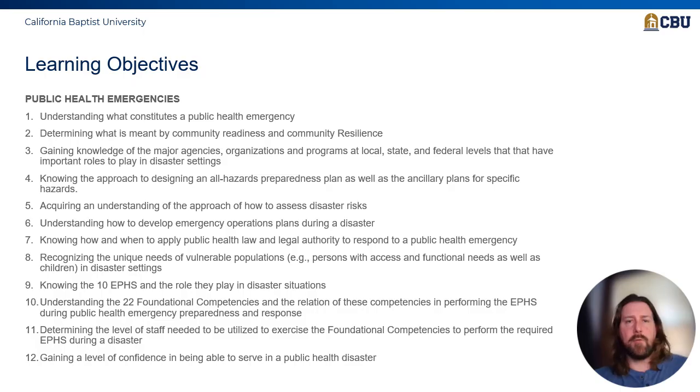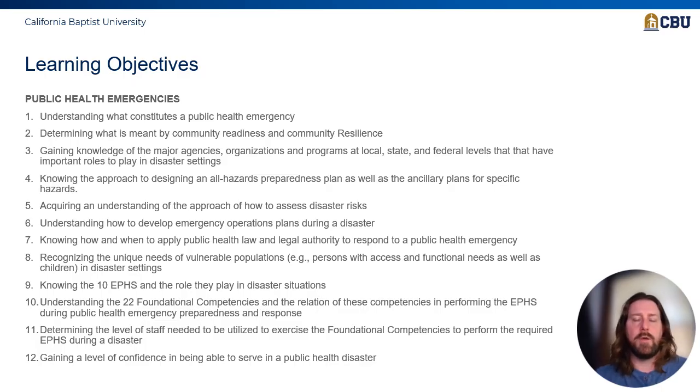So let's highlight real quick the learning objectives that are compressed into this book and as part of this course in general. Public health emergencies, we want to understand what a public health emergency is. We need to talk about what we mean by community readiness and resilience.